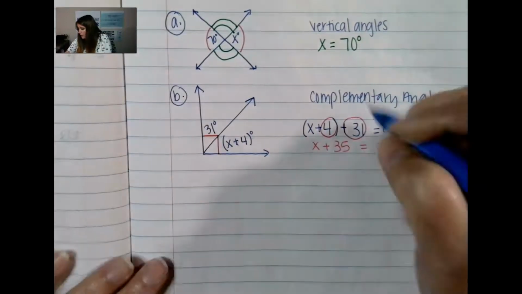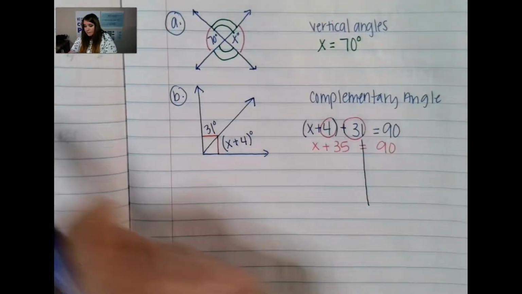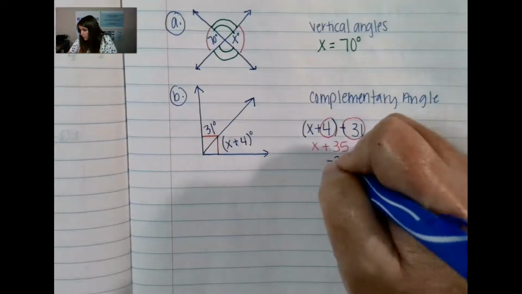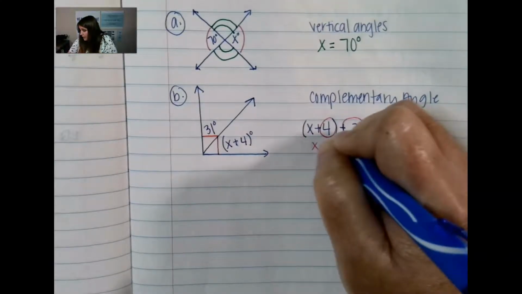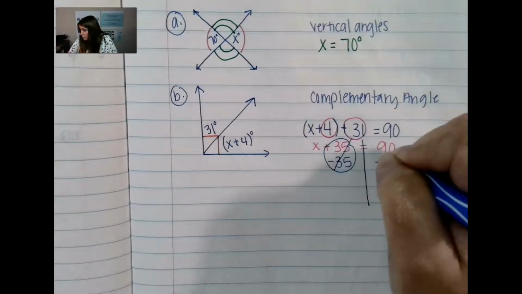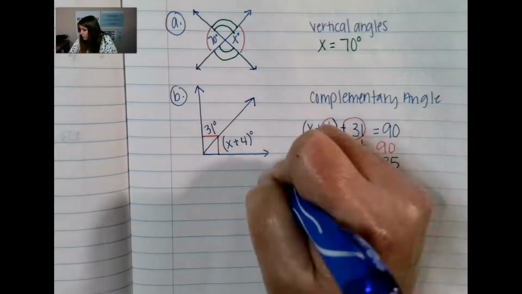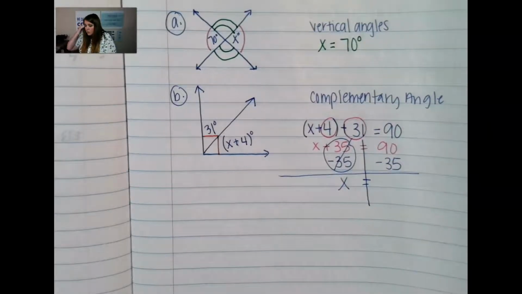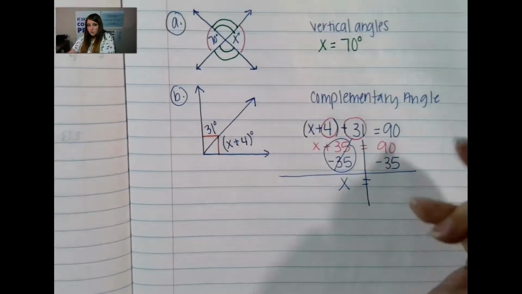So we're just going to drop down our line and we're going to keep this balanced. So I need to do the opposite operation. I'm going to subtract 35. That cancels. And I'm going to subtract 35. And that gives me x equals 90 minus 35.